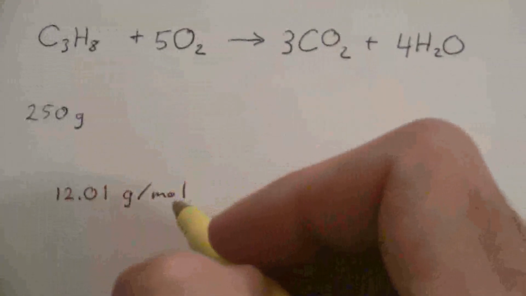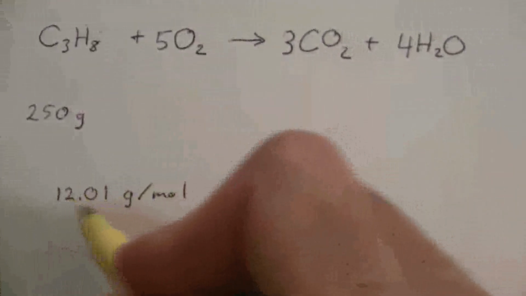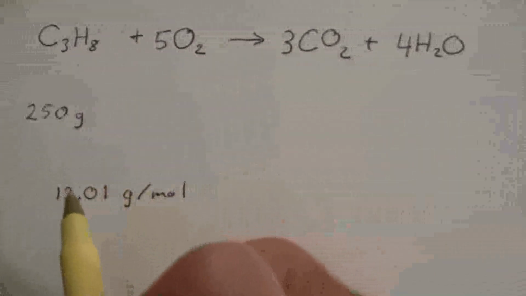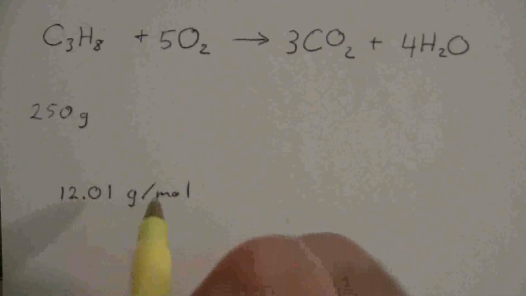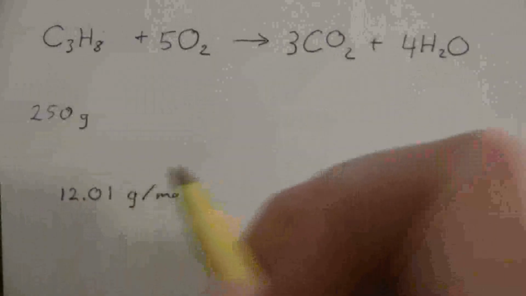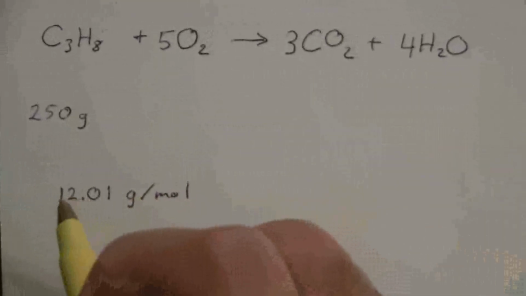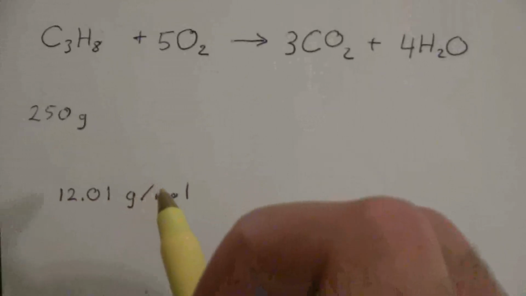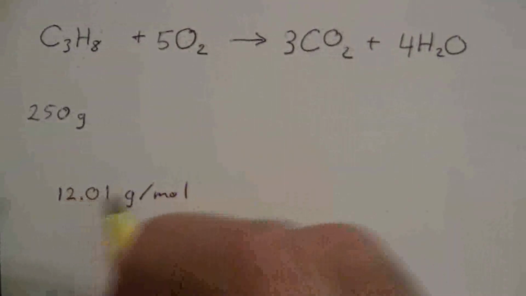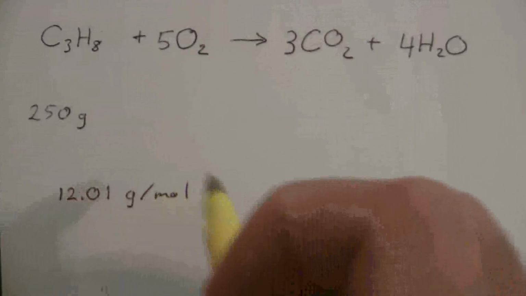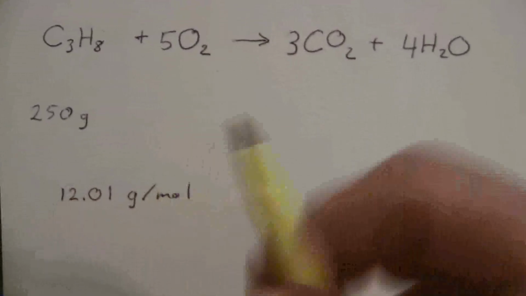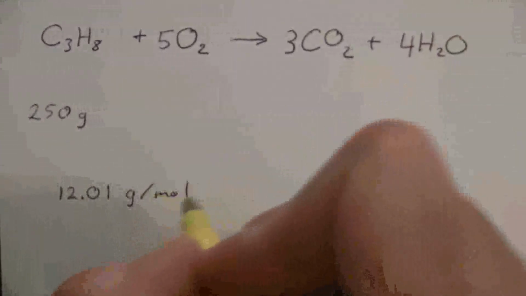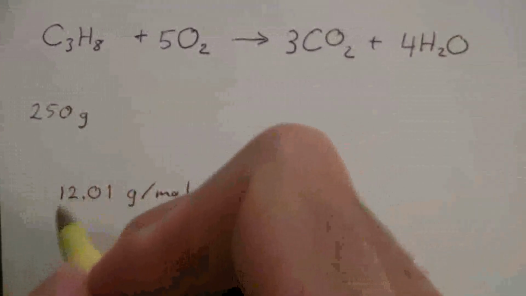So if I have a mole of carbon, and this number comes from the periodic table, any periodic table will have the atomic mass of the elements. If you look up carbon, it'll be 12.01, and the units are grams per mole. That means 12 grams of carbon represents 1 mole. That means you have that many atoms of carbon in 12 grams.